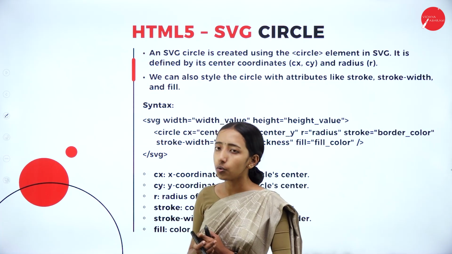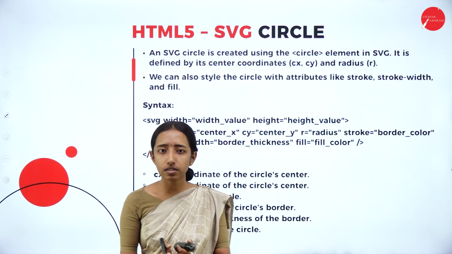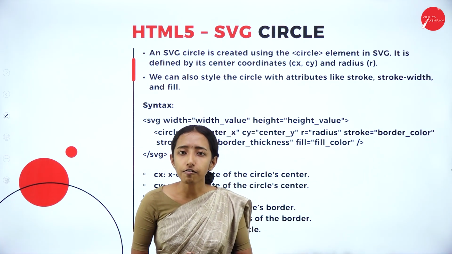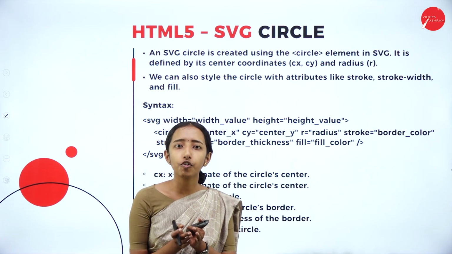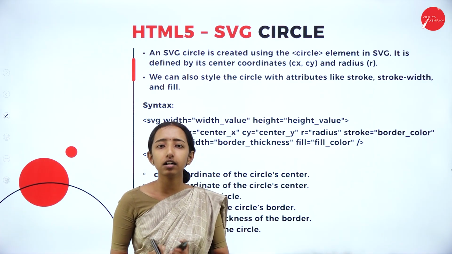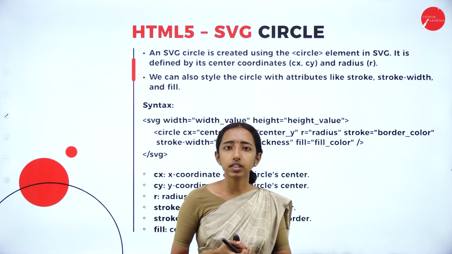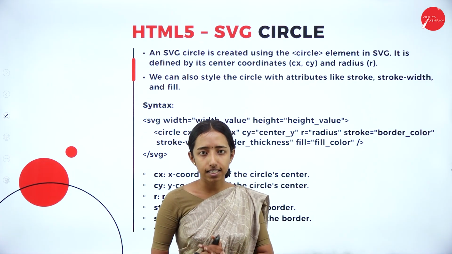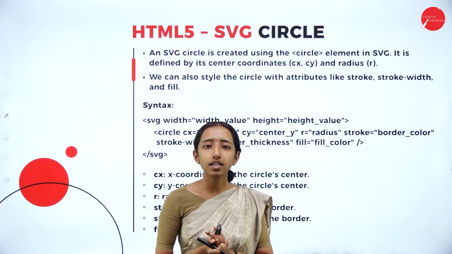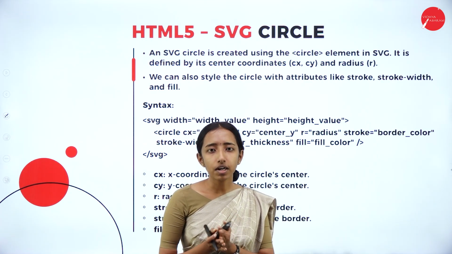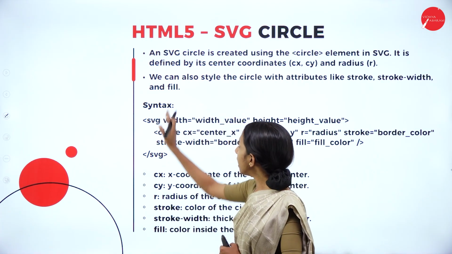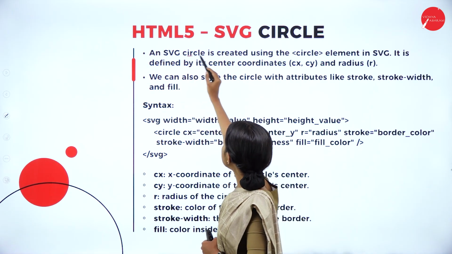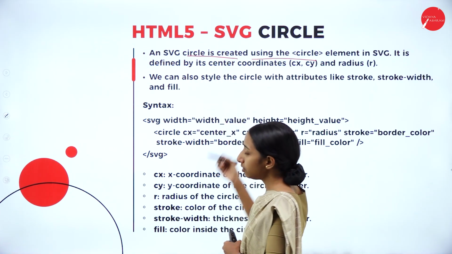So next, here we will be learning how we can use scalable vector graphics to draw a circle, rectangle, polygon, star, and also gradients. The first one is the HTML5 circle. So how can we draw a circle using scalable vector graphics? Here an SVG circle is created using the circle tag.